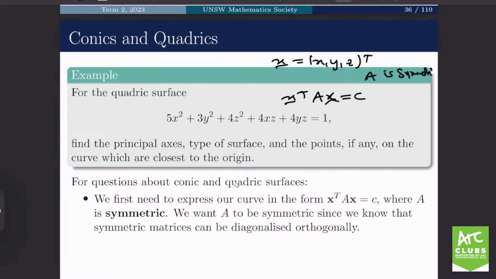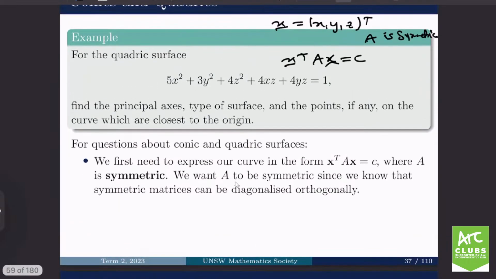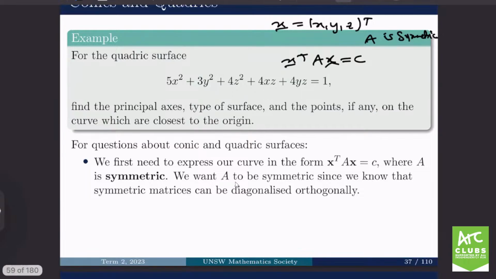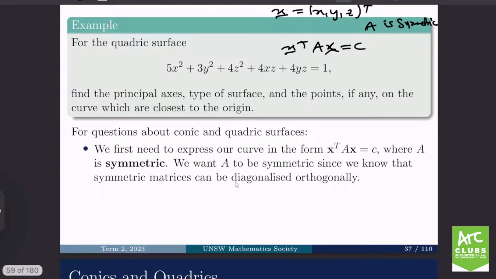We need A to be symmetric because symmetric matrices have nice properties that we've already seen from the spectral theorem.